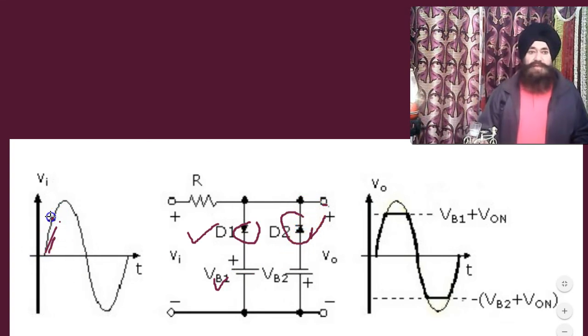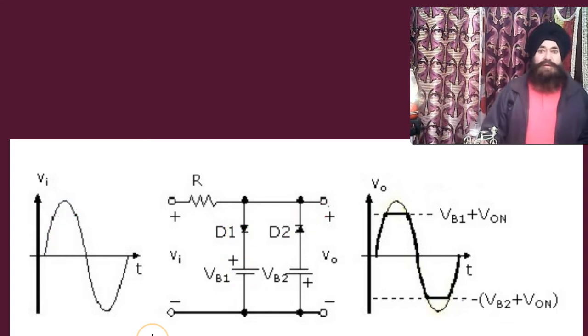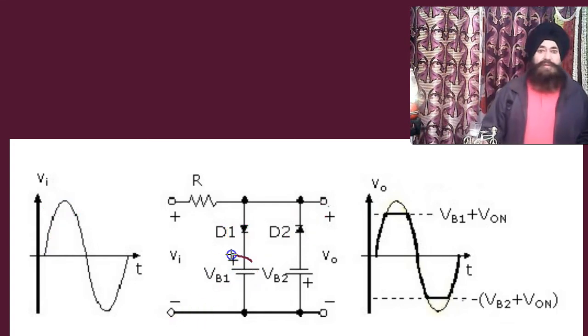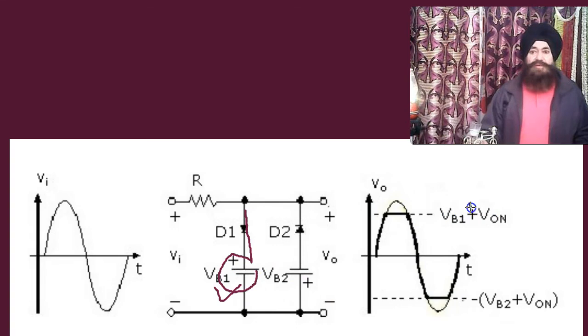But when the input signal just crosses this level, this part of the signal makes the diode D1 forward biased. This voltage VB1 appears across the output because this is a short circuit. So the voltage across the output will be VB1, and if it is a practical diode, it will be VB1 plus V on.